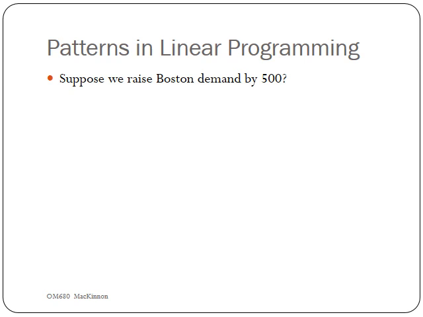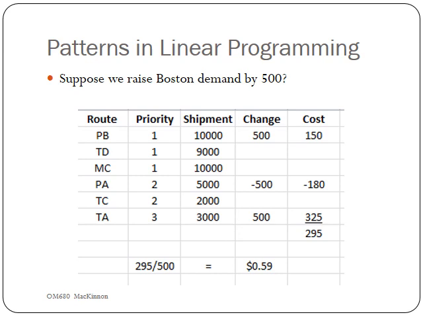So the whole point of doing these patterns is to be able to answer what if questions without using Solver. So suppose we raise Boston demand by 500. Take a look. We've done a little bit of spreadsheet magic here. Now we know that Boston was entirely supplied by Pittsburgh.